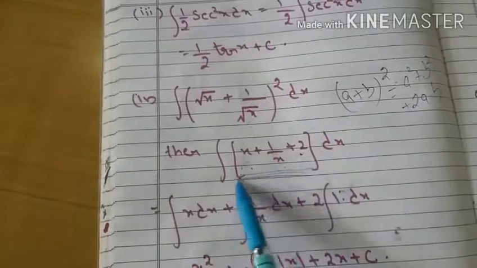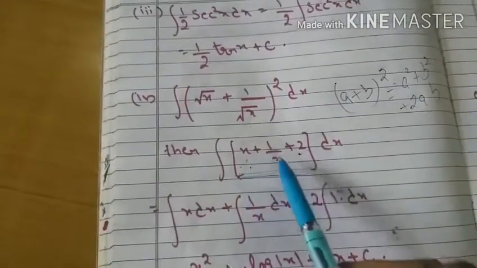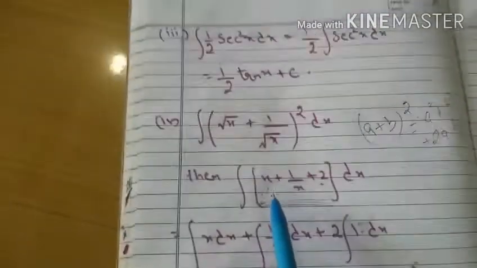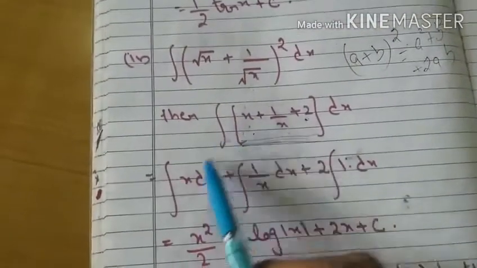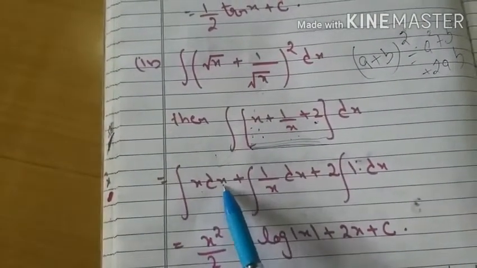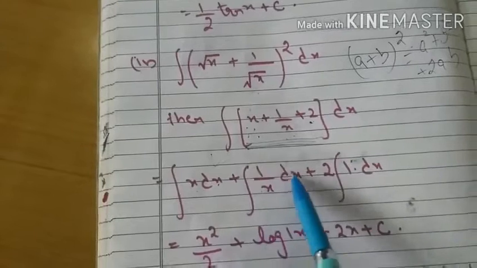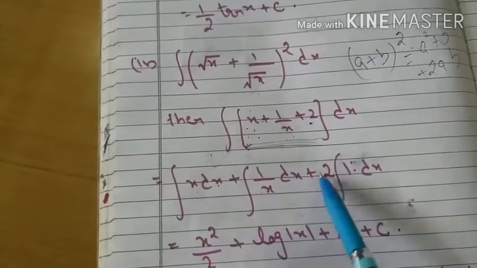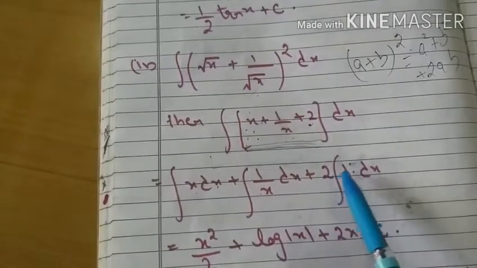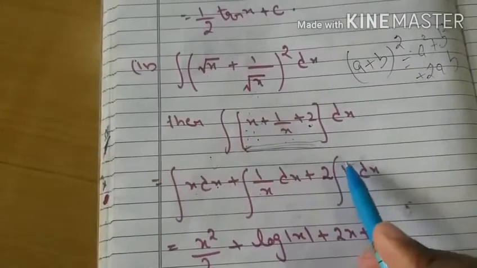Now remember one thing, when we have to calculate the integral of sum of functions x plus 1 by x plus 2, then we will calculate by calculating individual integrals. So that's why we calculate the individual integral, that is x dx plus 1 by x dx and integral of 2 dx. 2 is constant, so 2 is written outside the integral, that's why integral of dx.